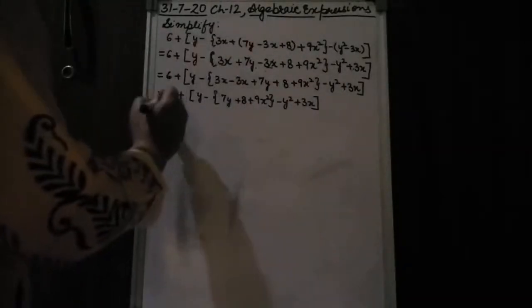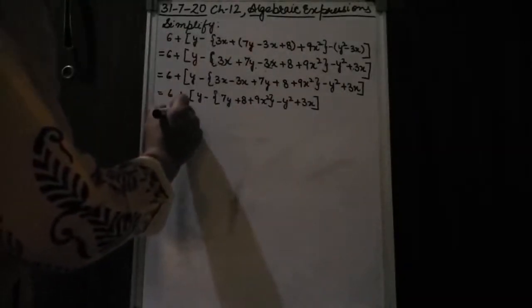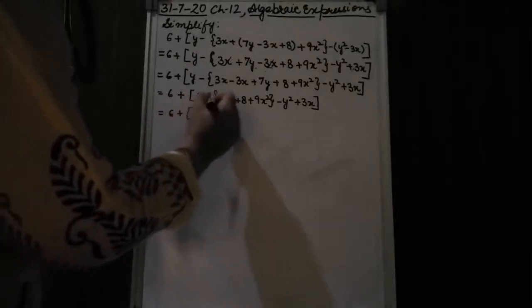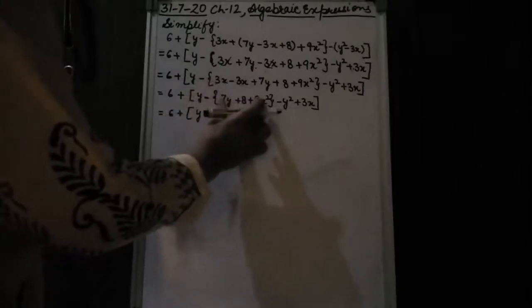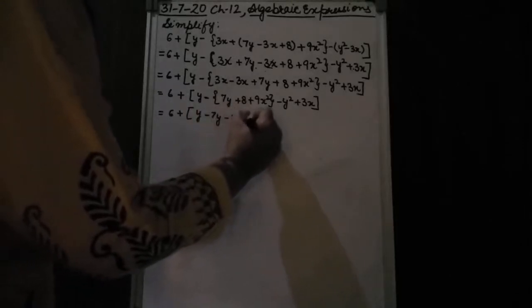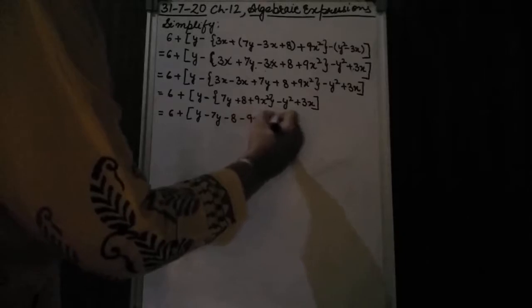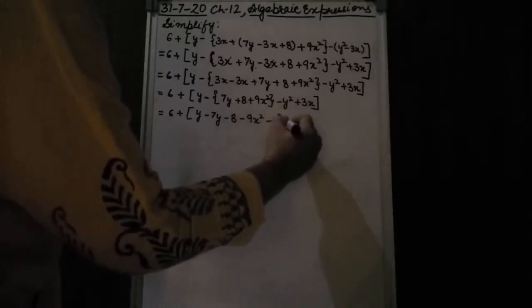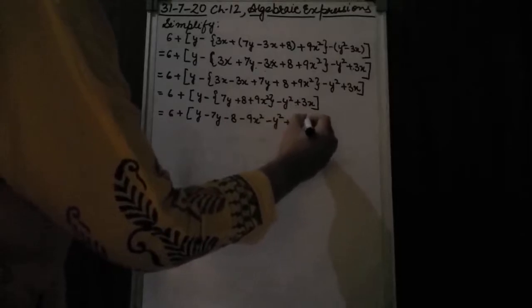Now open the curly bracket. Again a negative sign is there, so the signs of all the terms will change. Minus 7y, minus 8, minus 9x square, and now this part will come as it is, minus y square plus 3x.